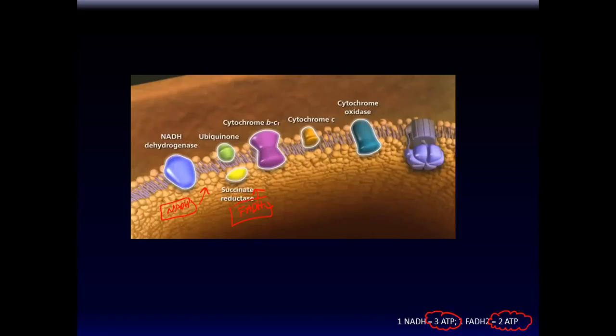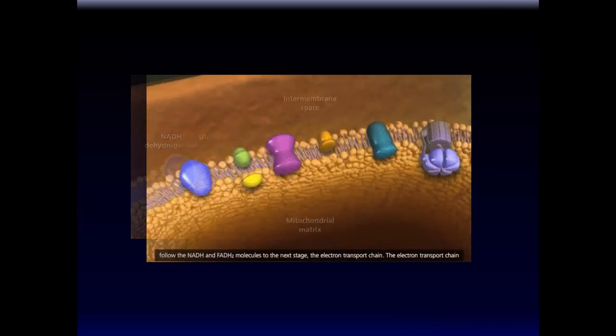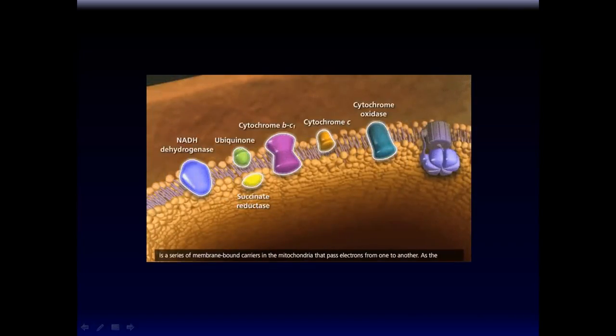So NADH carries a little bit more bang for the buck, so to speak. These are the names of the transmembrane proteins: NADH dehydrogenase, ubiquinone, cytochrome BC1, cytochrome C, cytochrome oxidase. And this is a cartoon representation.